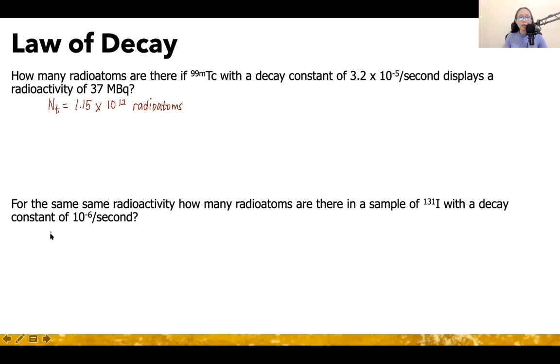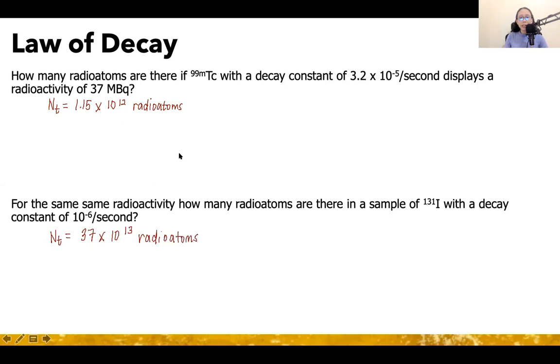So if you compute for N sub t for the second problem, you will get 37 times 10 raised to 13 radioatoms of iodine-131.